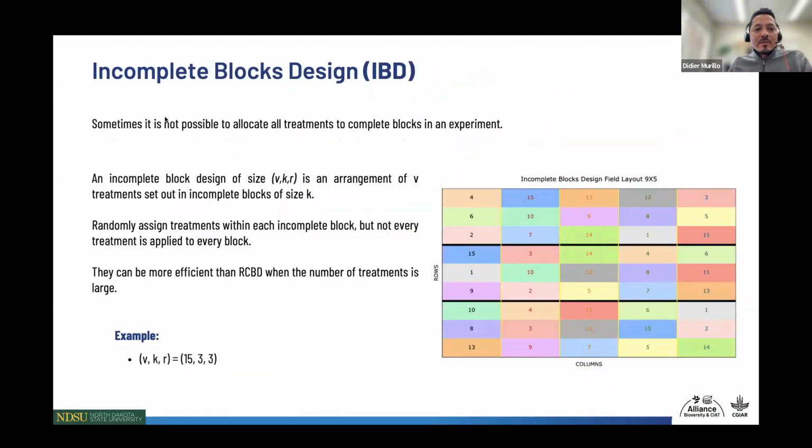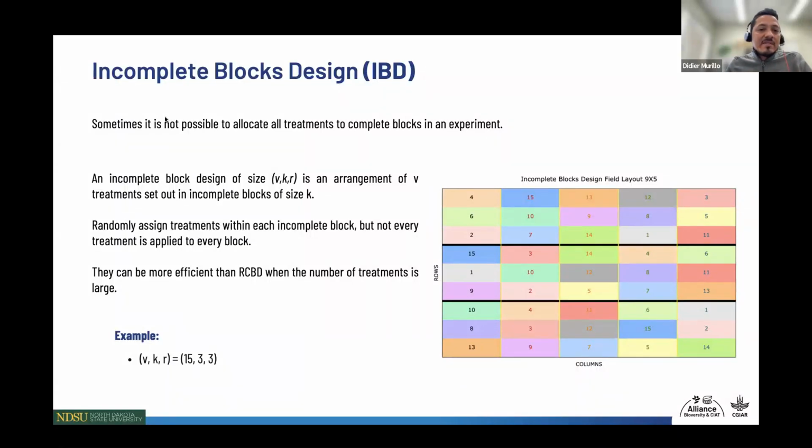There is another kind of experimental design that we use a lot in agriculture and plant breeding, the incomplete block design. Sometimes it's not possible to allocate all treatments to complete blocks in an experiment, right? This can happen for a variety of reasons, including limited resources, physical constraints, or a large number of treatments.